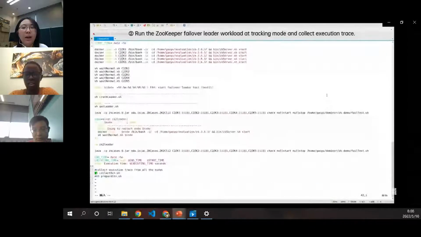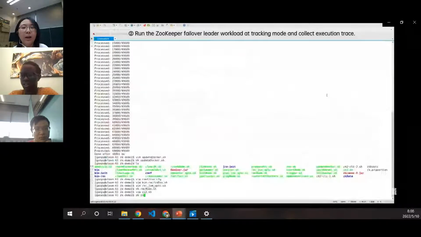Now we can run the workload and trace execution traces from every node in the cluster.